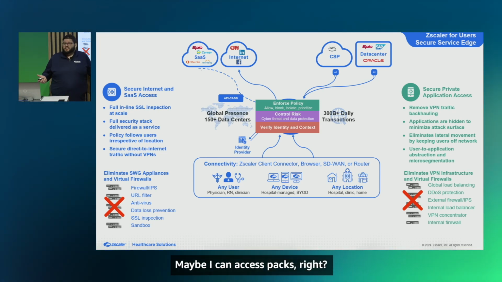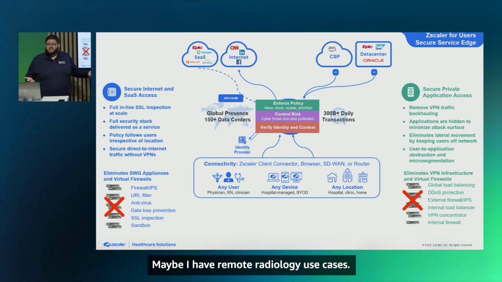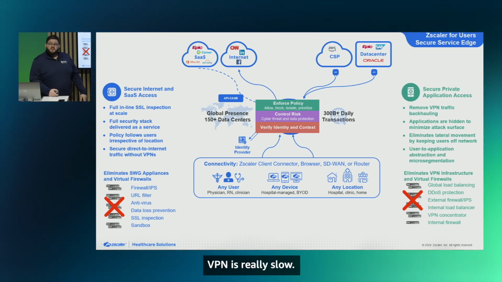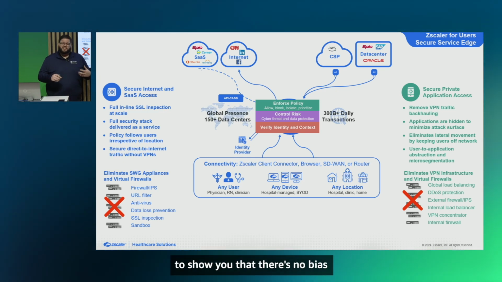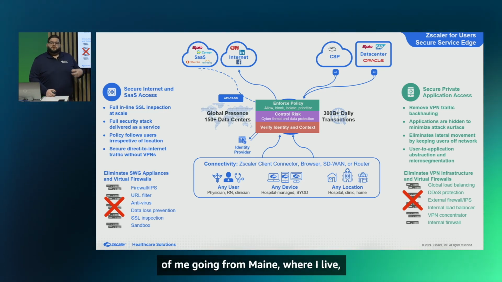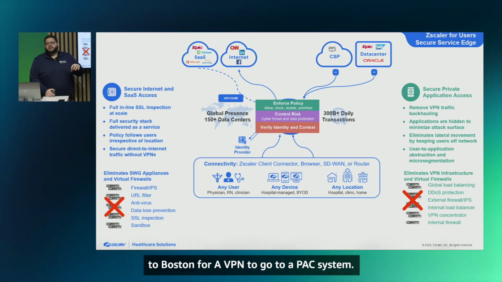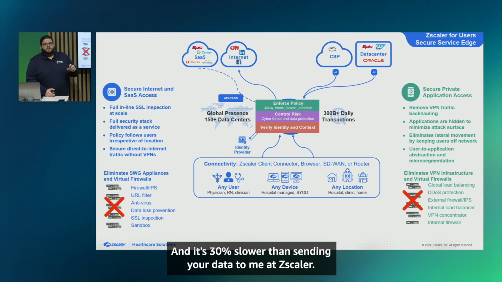Maybe I can access PACS, right? Maybe I have remote radiology use cases. VPN is really slow. I actually have a test that I've done that's documented with a timer and everything to show you that there's no bias of me going from Maine, where I live, to Boston for a VPN to go to a PACS system. And it's 30% slower than sending your data to me at Zscaler.